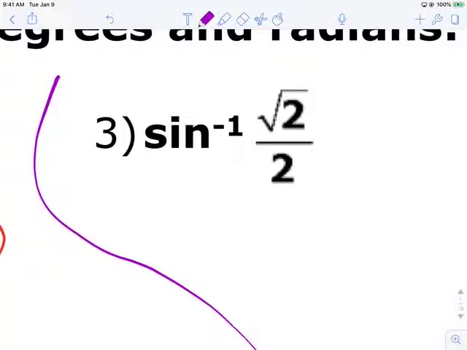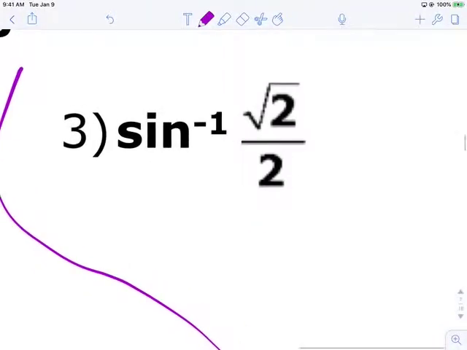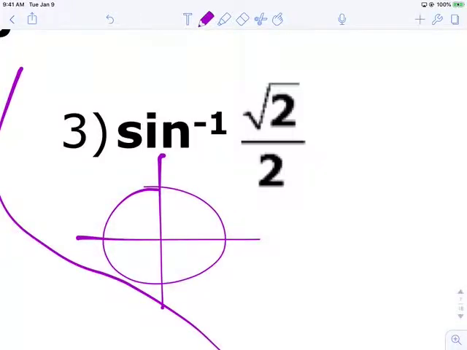In words, I'm looking for the angle theta such that when I look at the unit circle, the y value is square root 2 over 2. Draw myself a picture. Square root of 2 over 2 only happens in two places for the y value.